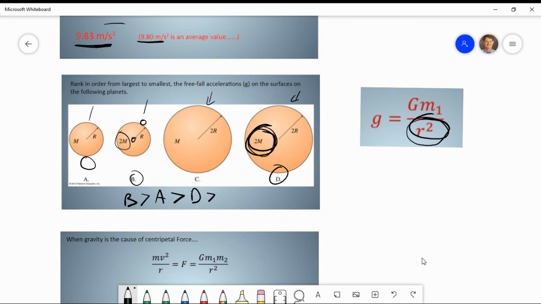What this means is these giant planets in our solar system, these gas giants, Jupiter and Saturn, are really big, but they're made mostly of gas. And so actually their gravity might be smaller than you might think. And then what is C? C would be here.